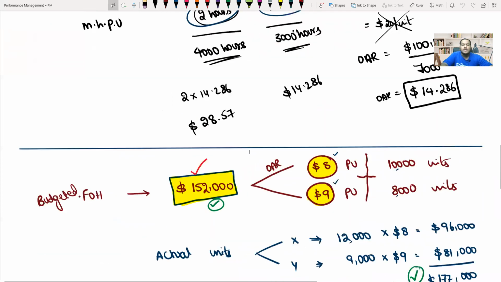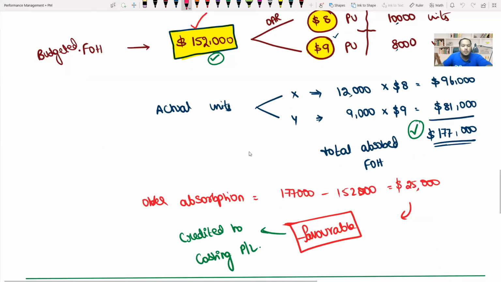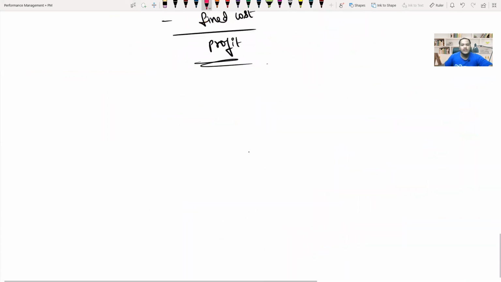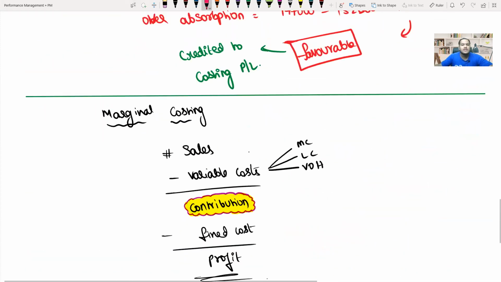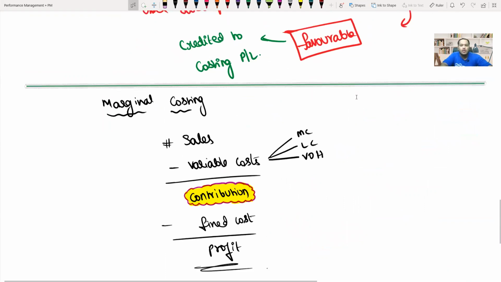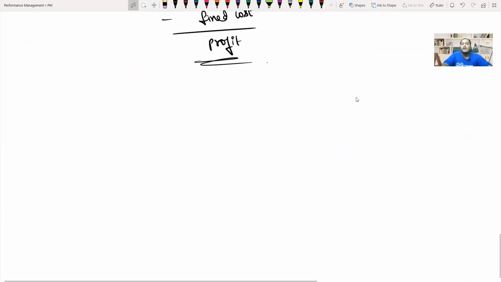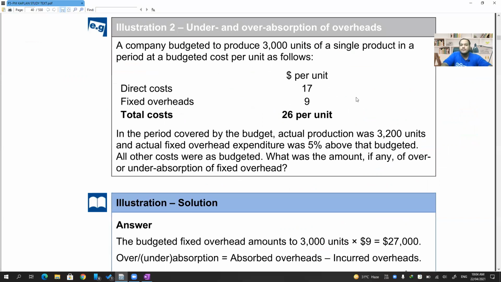Here, I assumed that actual and budgeted are the same in this question. But usually you'll have to know the difference between actual cost and budgeted cost. If there are differences between actual and budgeted, that is also over absorption or under absorption, right? So look at this particular question.